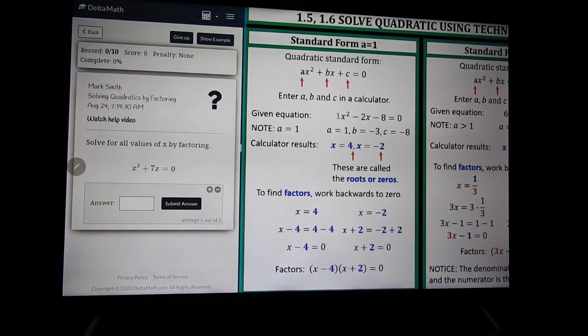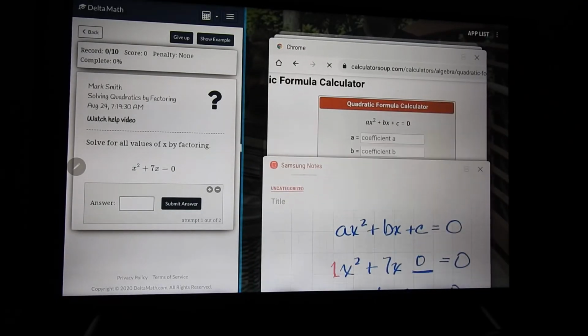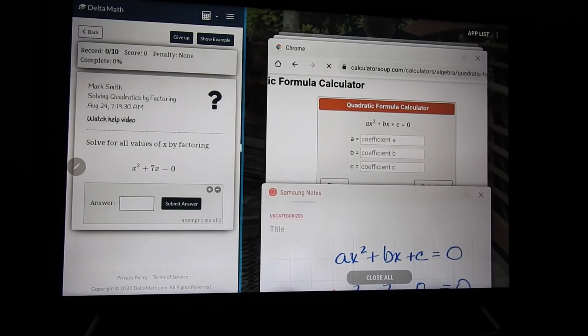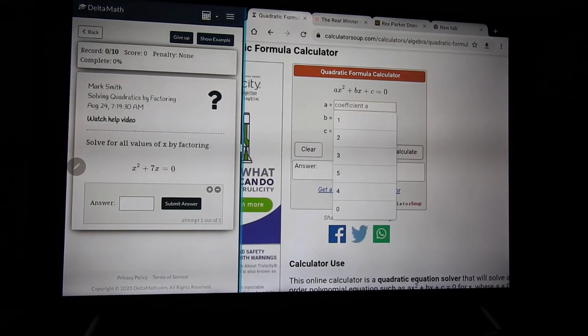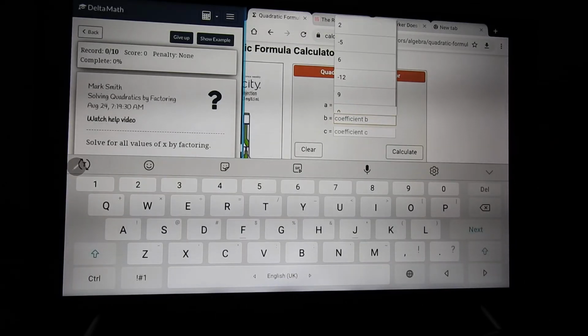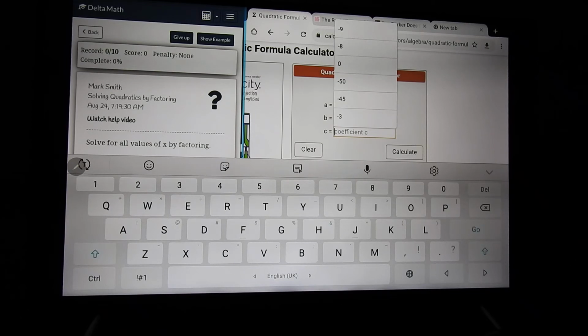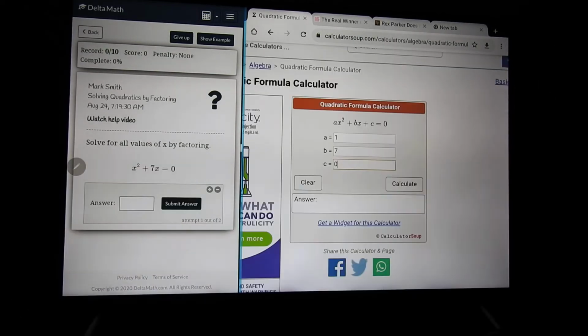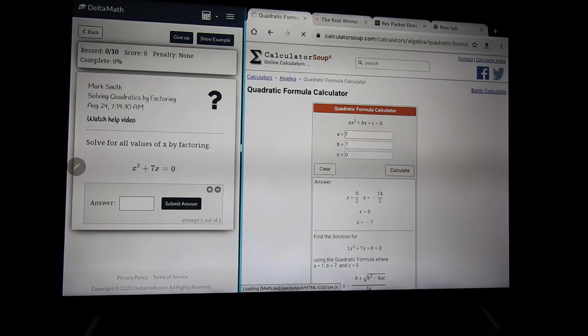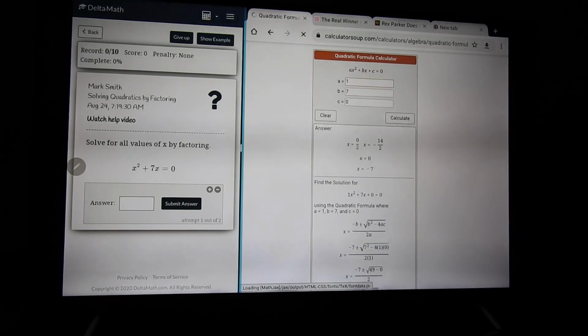So we had 1, 7, and 0. We're going to go to our calculator, and say a is equal to 1, b is equal to 7, c is equal to 0, and we're going to say calculate, and it says our answers are 0 and -7.